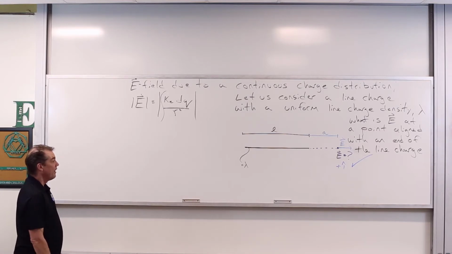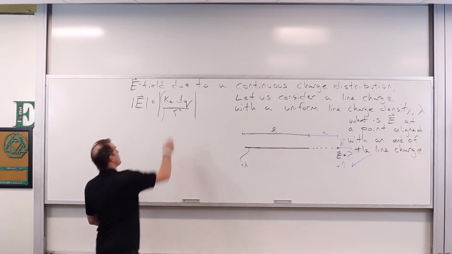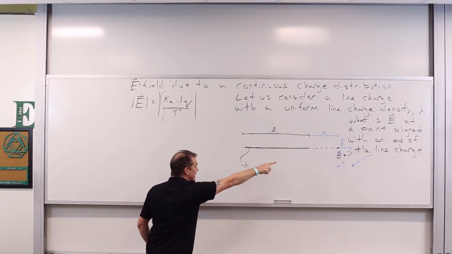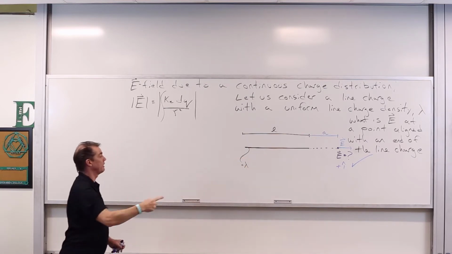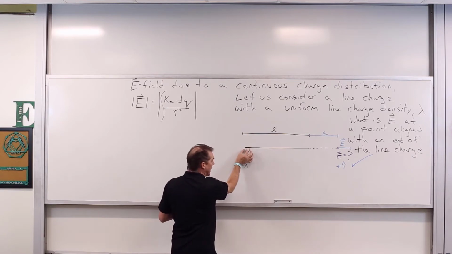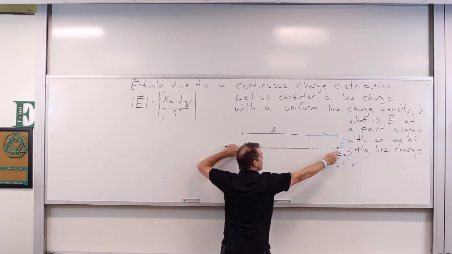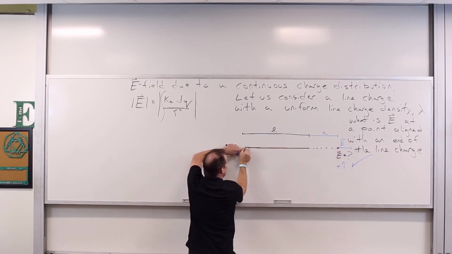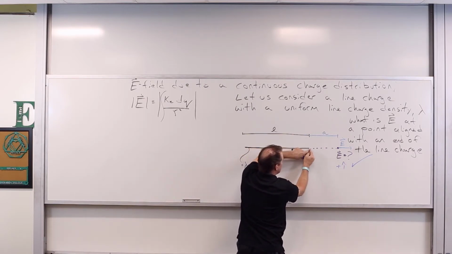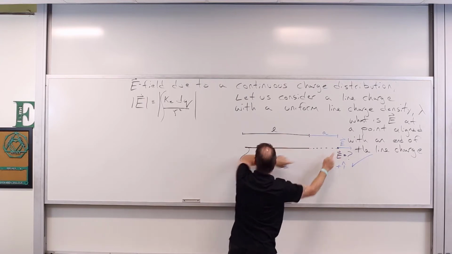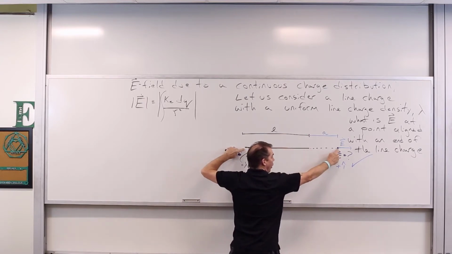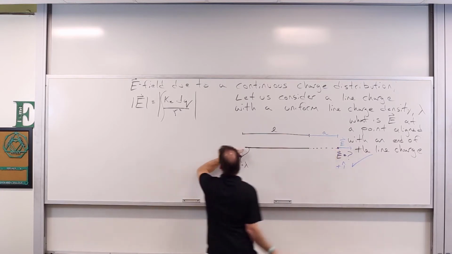Well, again, we've got to integrate over this charge distribution relative to the point that we're trying to deduce what the electric field is. So every little line element here is some radial distance away from this point. As we integrate, we should note that this point here is a distance a away, and this end is a distance of L plus a away from the point where we're trying to determine the electric field.